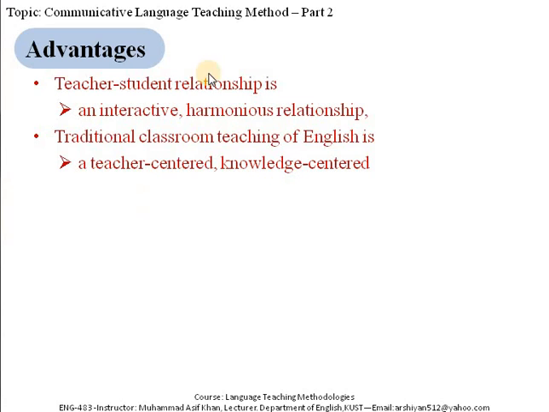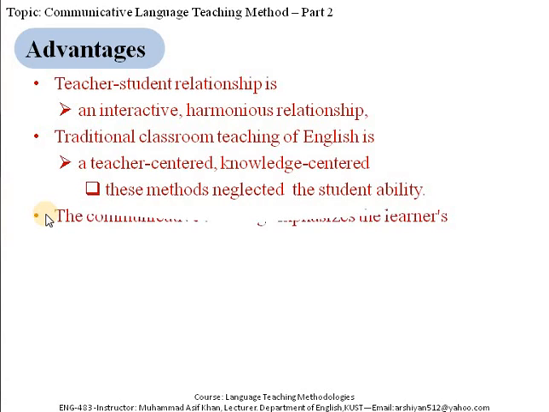And here we see that the CLT method is learner-centered, activity-centered, and experience-centered. The traditional methods were influenced by medieval scholastic teaching methods, and those methods neglected the student abilities. Here the student abilities are groomed, and they are made aware of their abilities, and they exhibit them in their communication and other activities.